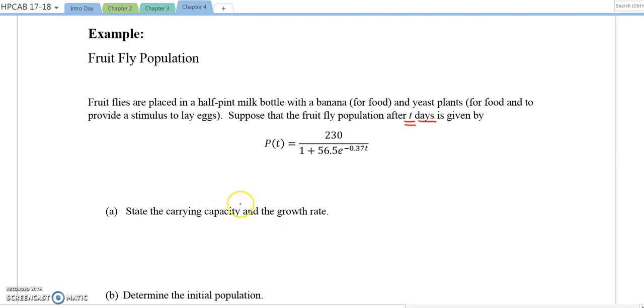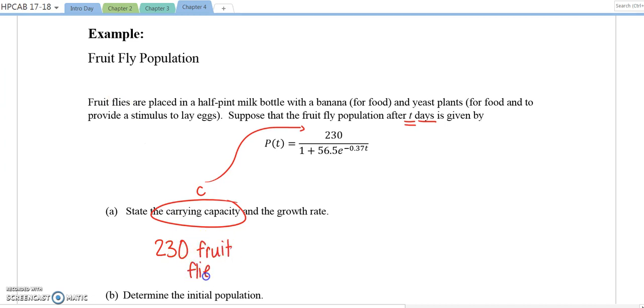Well, carrying capacity we know is our c value, our constant, and it's located at the top of our model. So the carrying capacity is going to be 230 people. Or not people. Fruit flies, that's what we're dealing with. 230 fruit flies is our carrying capacity.